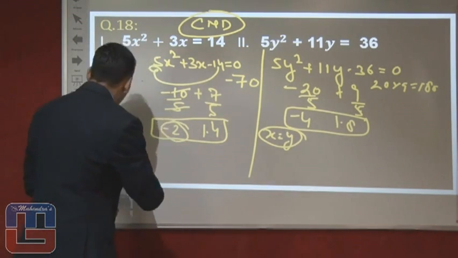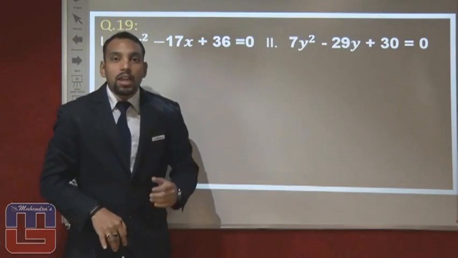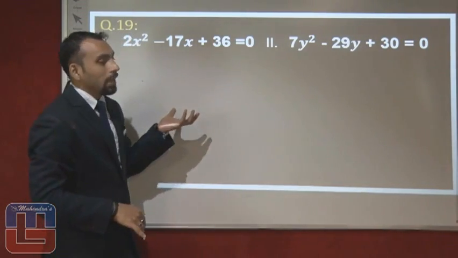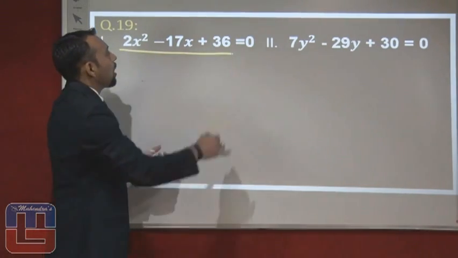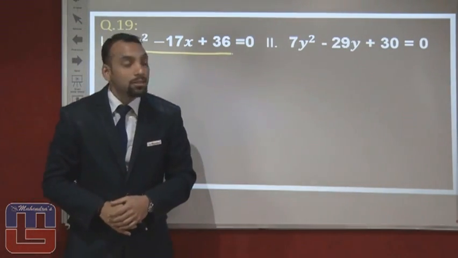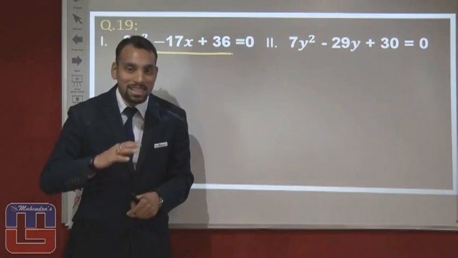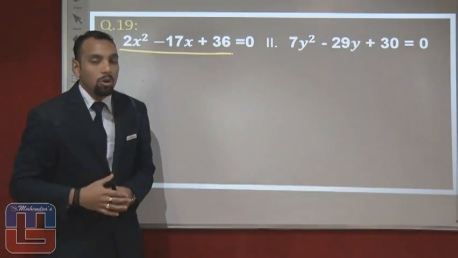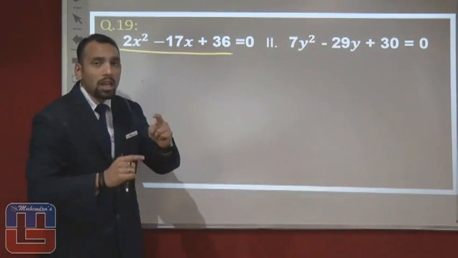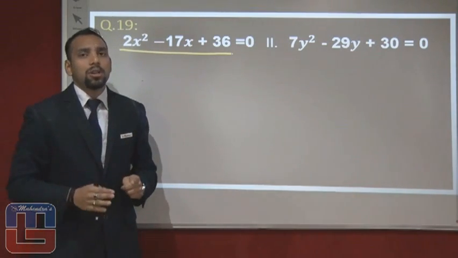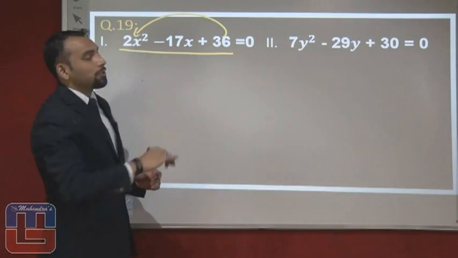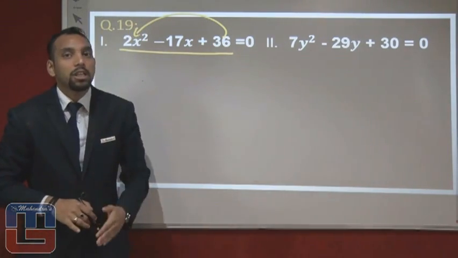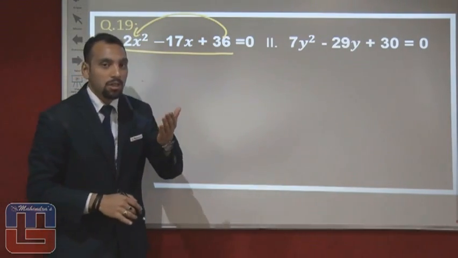Now move to our next question. Again the next question is from inequality. Now see, the question is 2x square minus 17x plus 36 is equal to 0. The second equation we have already been given. Now see, we have to follow the same logic or the same pattern. If you multiply this 36 by 2, you will get 72. The sign will be positive.